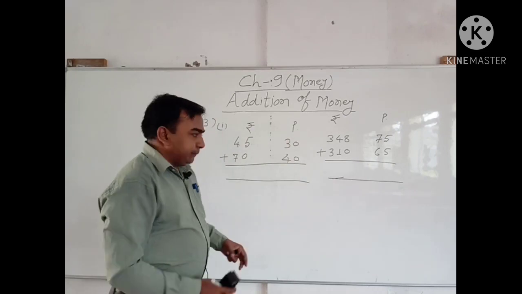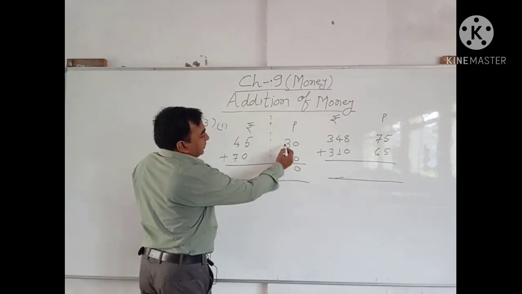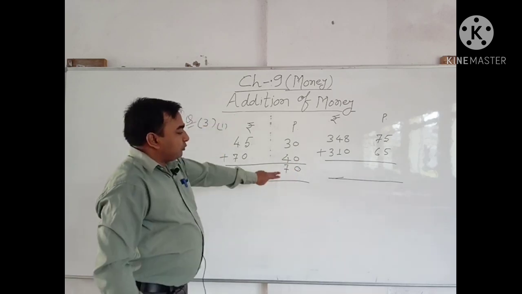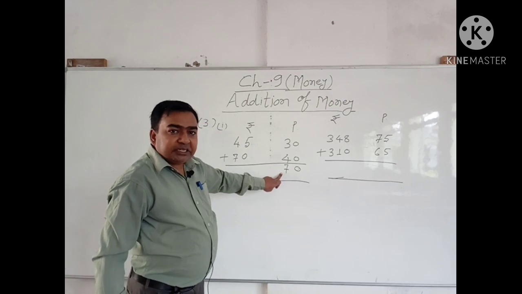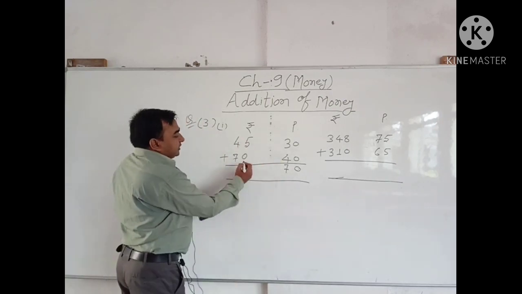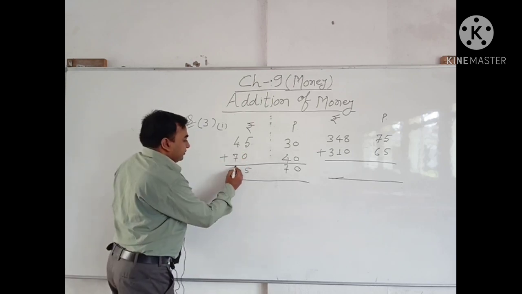So we will add 0 plus 0 equal to 0, 3 plus 4 equal to 7. So what is the answer? 70 paise. Now come to the rupee side. 5 plus 0 is 5, 4 plus 7 is 11.